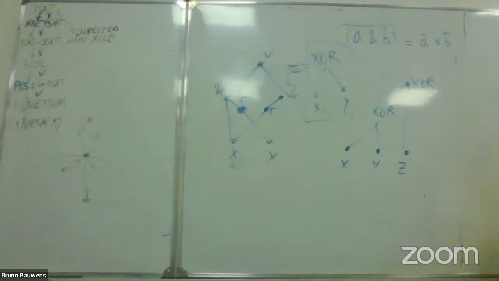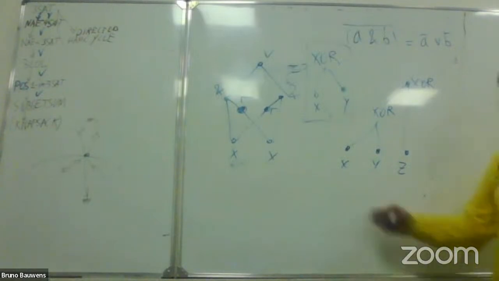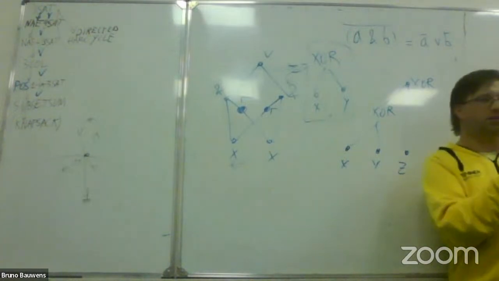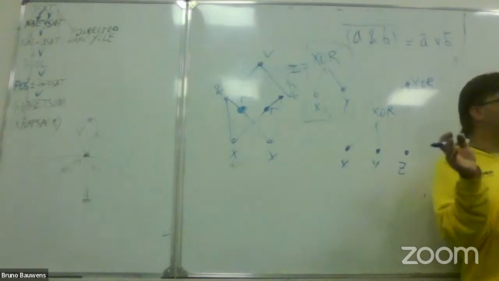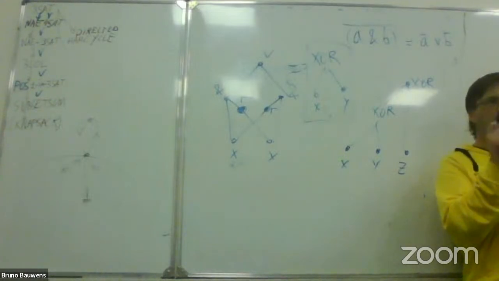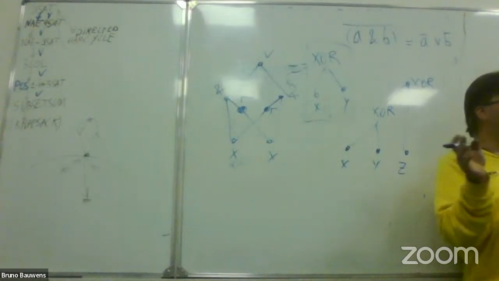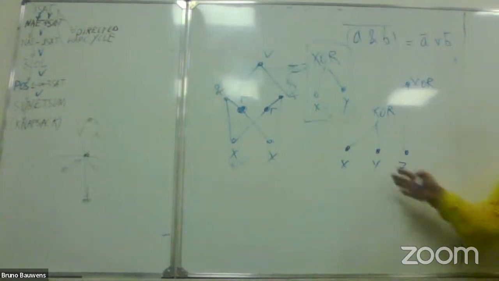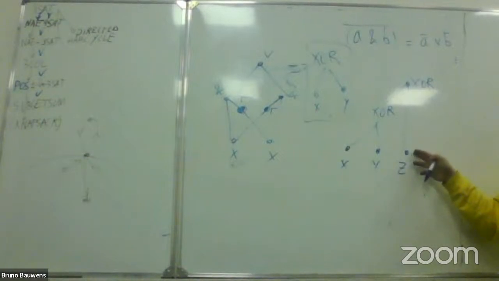For addition, we also need to check whether the outcome is at least 2. So we also need the threshold gate. A threshold gate checks whether at least a certain number of the inputs is set to 1, so whether the sum of the inputs is at least a certain threshold. So we need a threshold gate on 3 nodes to check whether at least 2 of them are equal to 1.